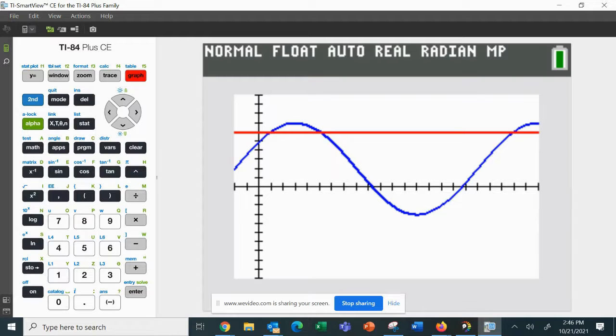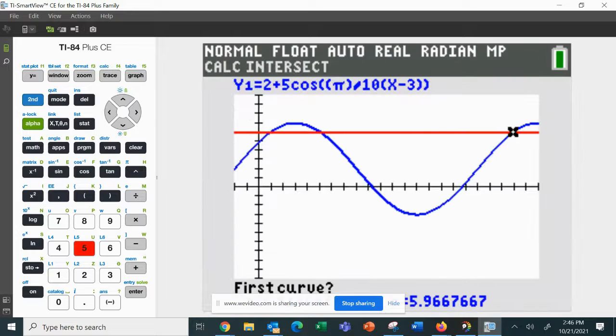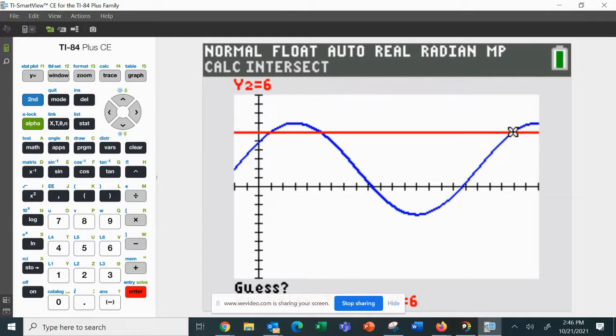Yeah. Where do we go? Second trace. Okay, so let's do second trace, intersect. The first two ask that you're on the first and second curve. Like I only typed 2 in, so yeah. Enter and then enter. Now the third one, for the guess, do not arrow, arrow, arrow. Don't keep hitting that arrow button. It takes forever.